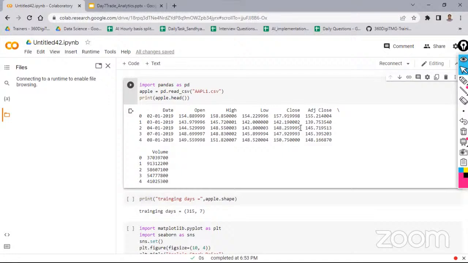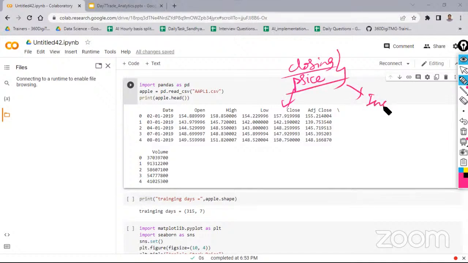So my intention is I'll be concentrating on the closing amount, the closing price. From this, we'll try to understand whether it will increase for the next day or decrease. So this is the prediction that you are performing.